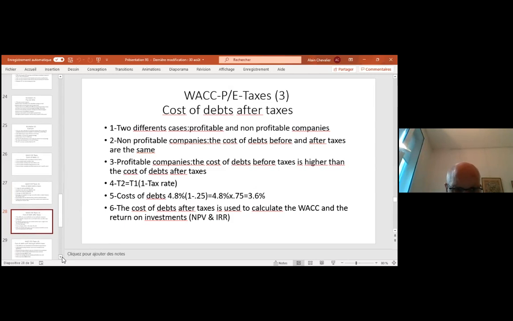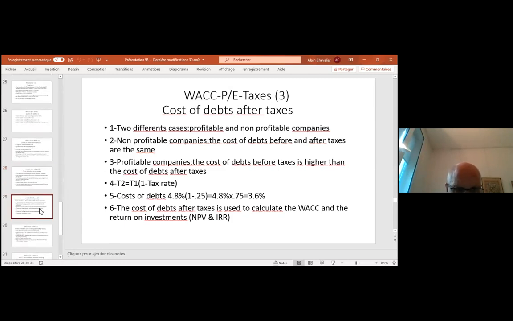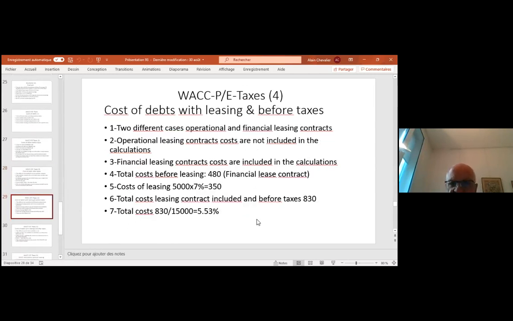Then we moved to the introduction of the leasing contracts. And we said, remember that we have two cases, operating and financial lease, and we take into account the equivalent debt of the financial lease contract.